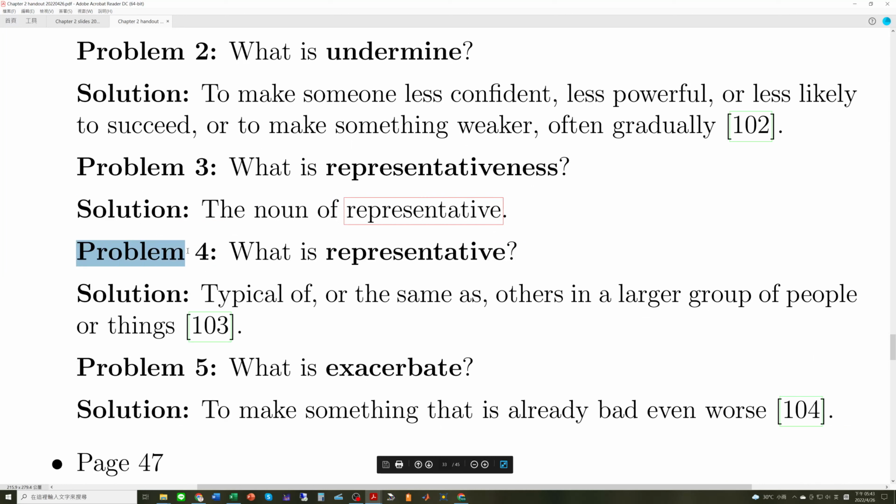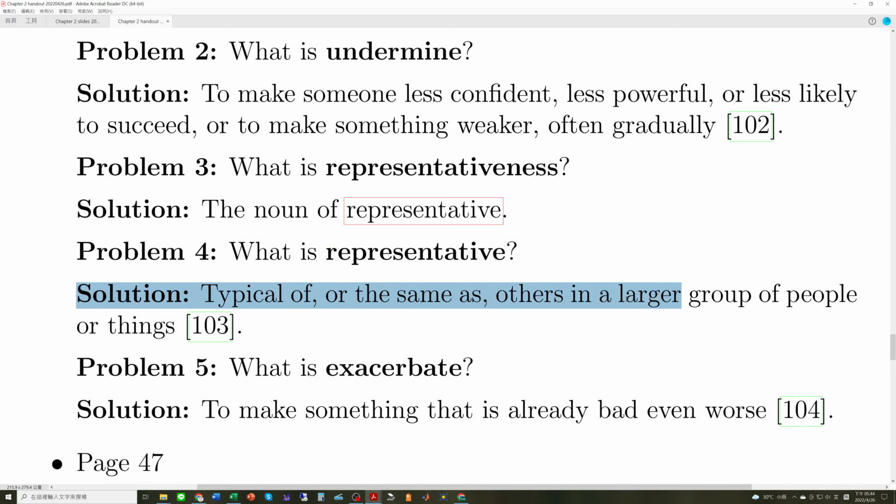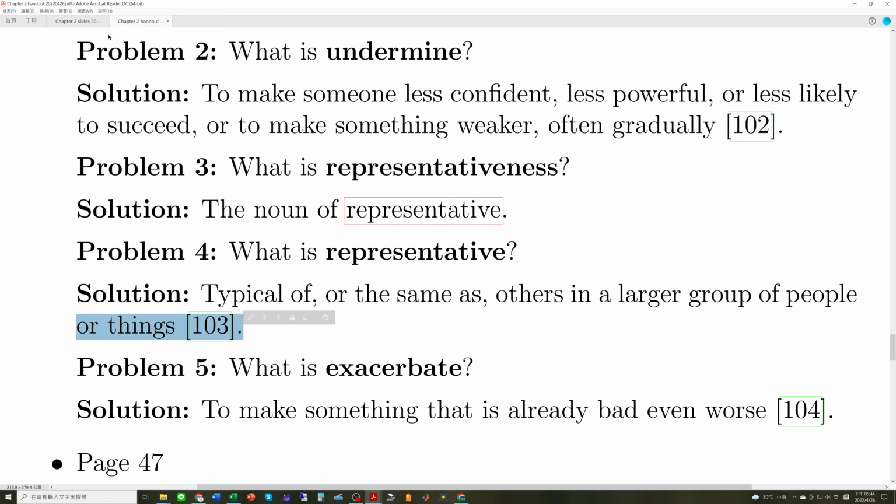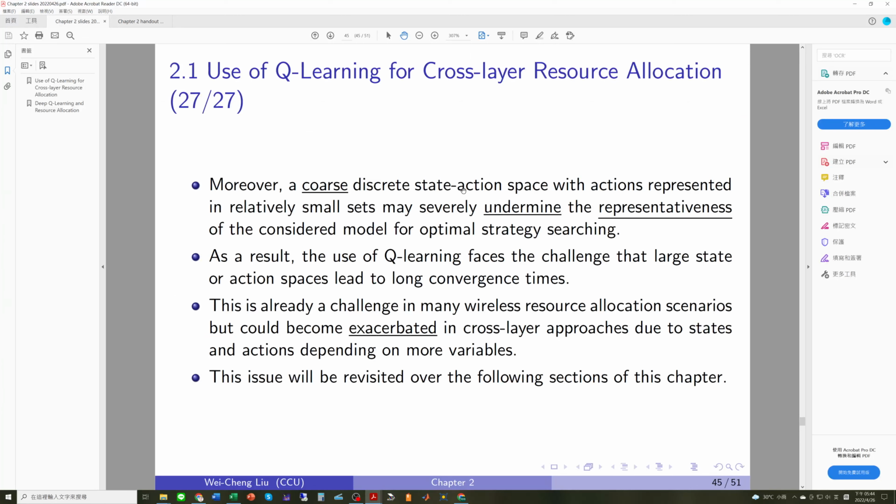Then problem 4. What is representative? Solution: typical of or the same as others in a larger group of people or things. Let us go back to the slides.